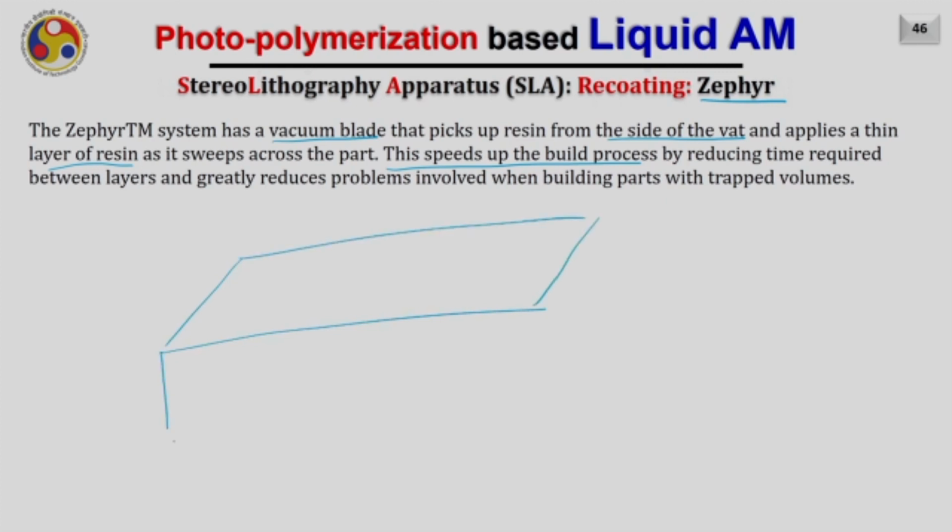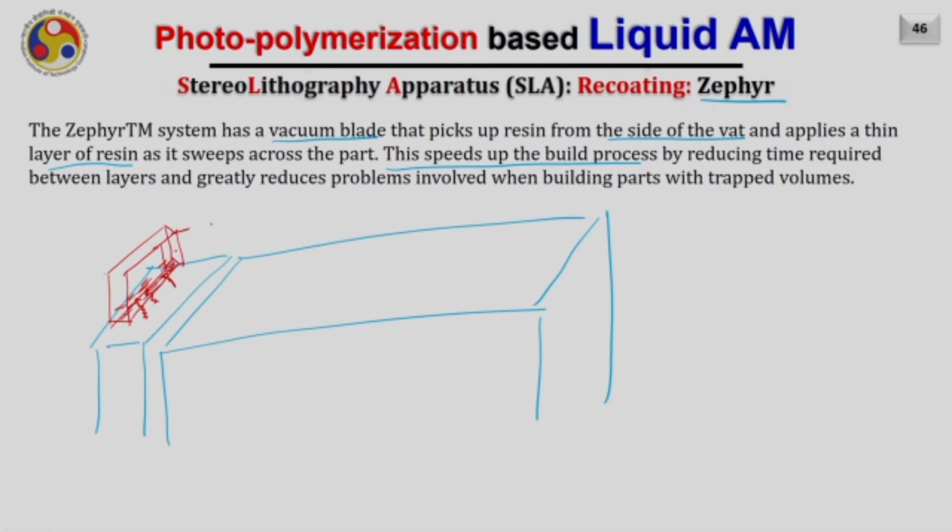This is your build platform, and on one side of it there is a reservoir. For example, this is your reservoir where we have the liquid resin. Now on top of it there will be a blade which will be something like this, and there will be a vacuum applied to the same. Due to the vacuum applied here, it will take some material from the reservoir, and it will fill with the desired liquid material here.